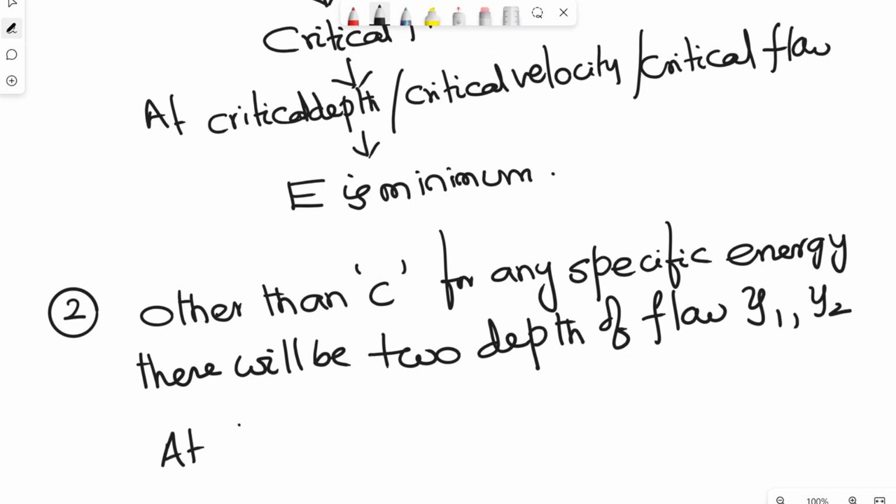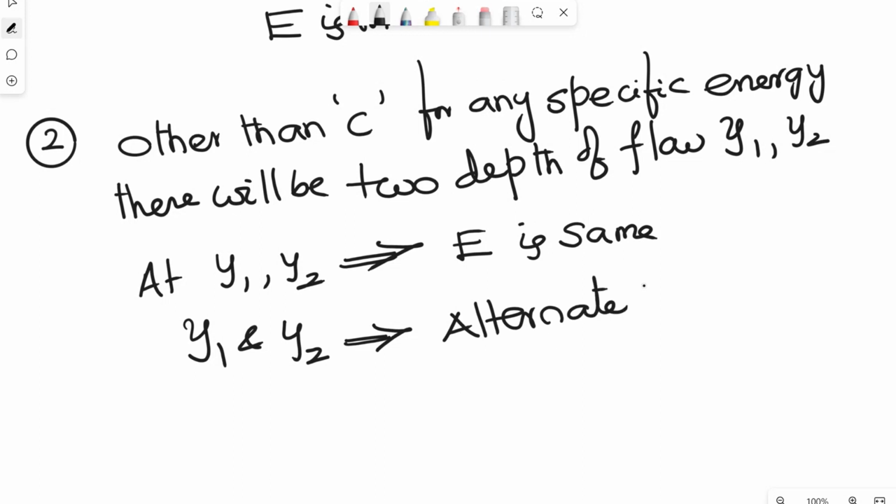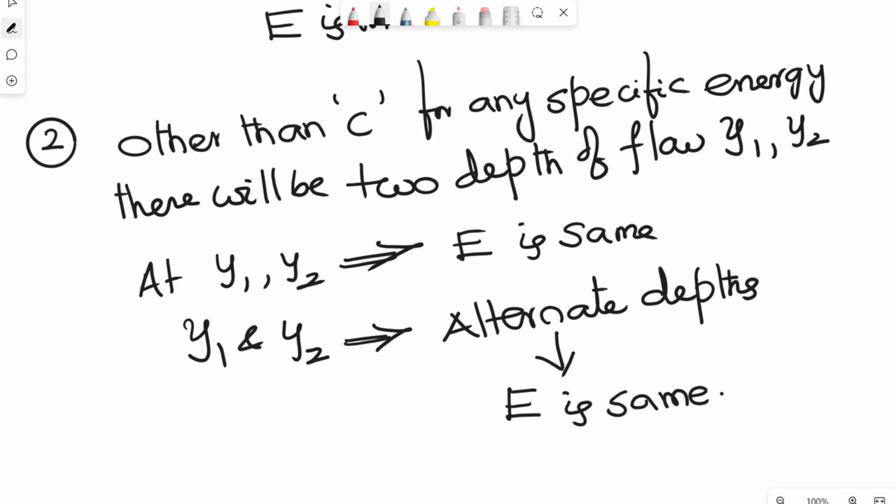At y1 and y2, E is the same. y1 and y2 are called alternate depths. What is the definition of alternate depths? The alternate depths are such that the specific energy is the same at both.